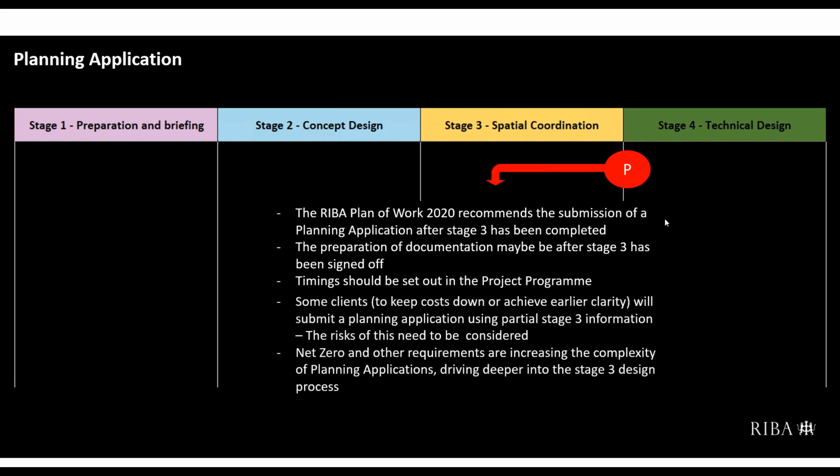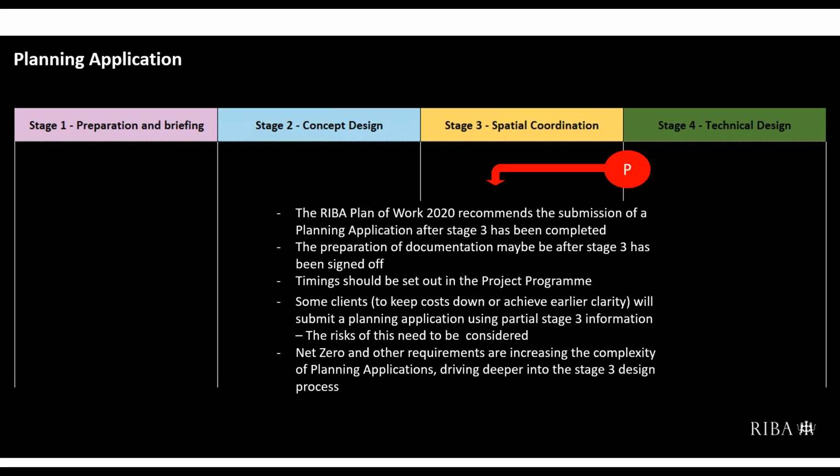But what we do recognize is that some clients will actually make a planning application earlier, because if I'm a private developer and I've purchased a site and I don't actually have planning consent, then obviously I maybe want to keep my investment as minimal as possible. So we certainly see a lot of developers that are doing projects day in, day out putting their planning application in earlier than the end of stage 3, but the RIBA's view is that does come with risks, because obviously the design is not spatially coordinated until the end of stage 3.